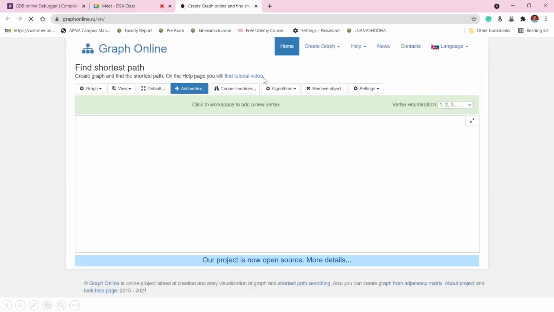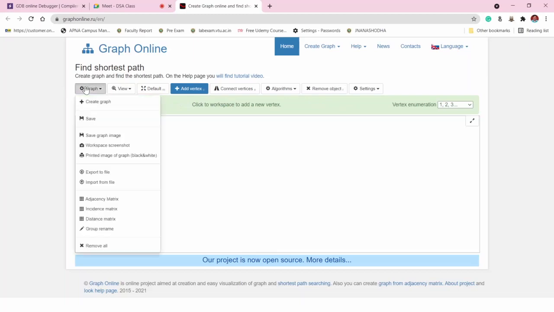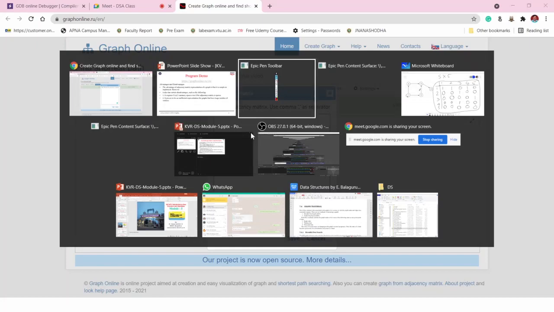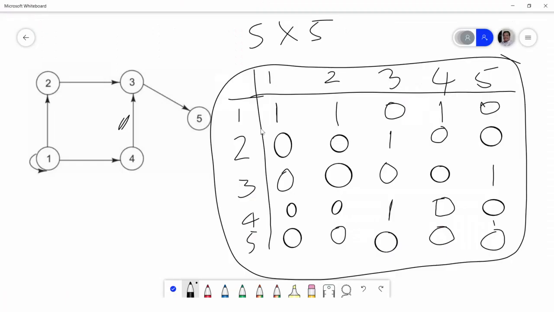In the website, certainly you can have a concept of graph. So we can create a graph by including the adjacency matrix. You can write the adjacency matrix separated by commas. Certainly we have already seen this matrix.